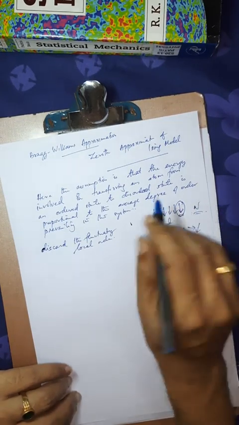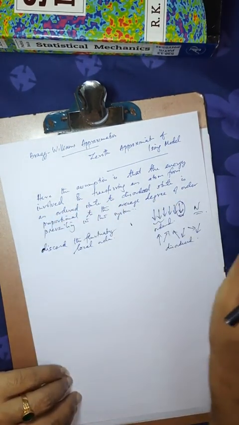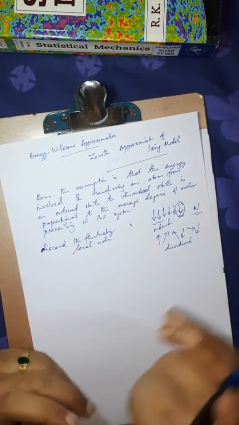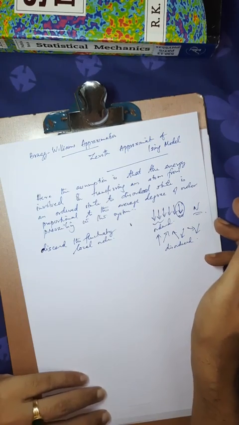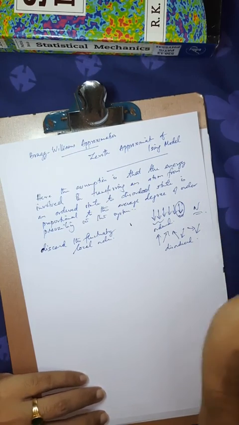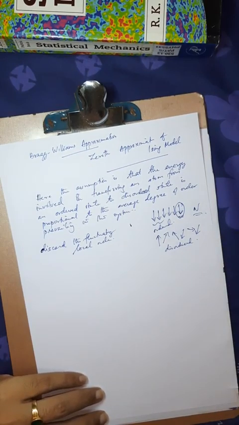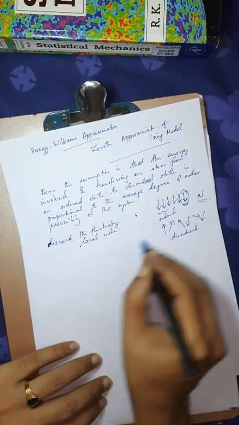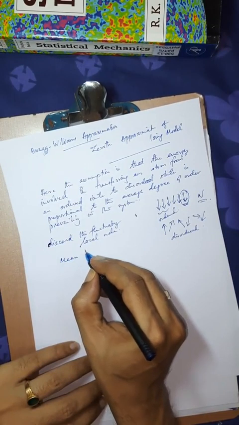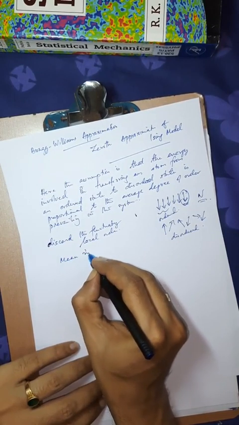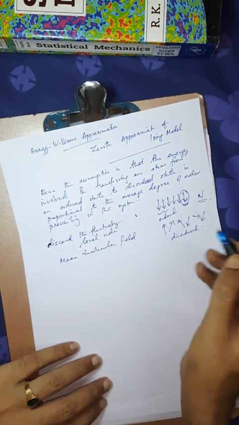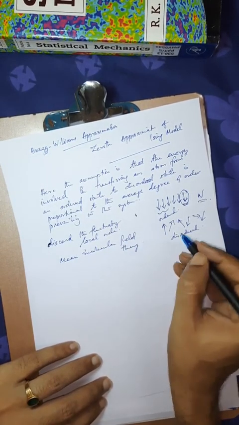Whereas if we consider the average effect of the whole lattice of n atoms or n lattice points, that will be more stable because it has statistical information built into it. Therefore, this model is generally said to be equivalent to the mean molecular field theory, or it is a part of the mean molecular field theory.